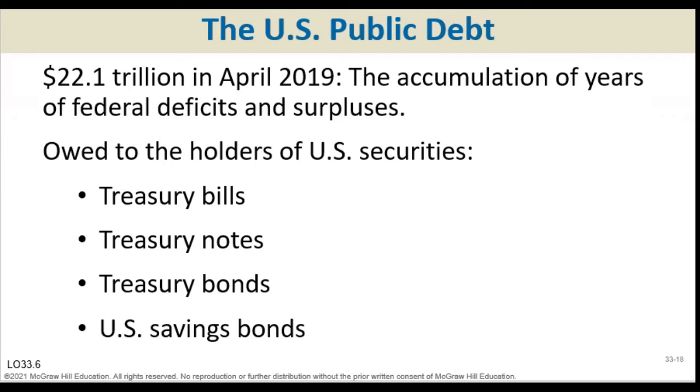And to get some idea, in 2006, prior to a recession, the public debt was about 8.5 trillion. And then it doubled to 18.2 in 2015. And since then, it has grown. In 2019, it was about 22.1 trillion.